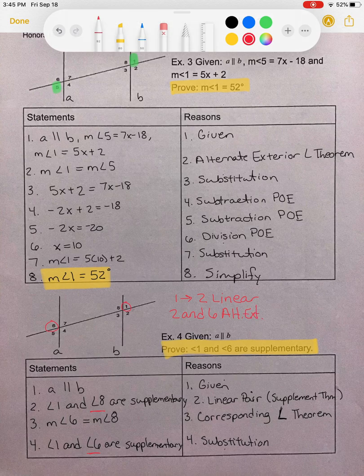That's another way you could do this one. Another way, you could say 1 and 5 are alternate exterior, and then you could say 5 and 6 are a linear pair. So lots and lots of choices on how you want to get, by substitution at the end, 1 and 6 are supplementary. It's just a two-step kind of problem.